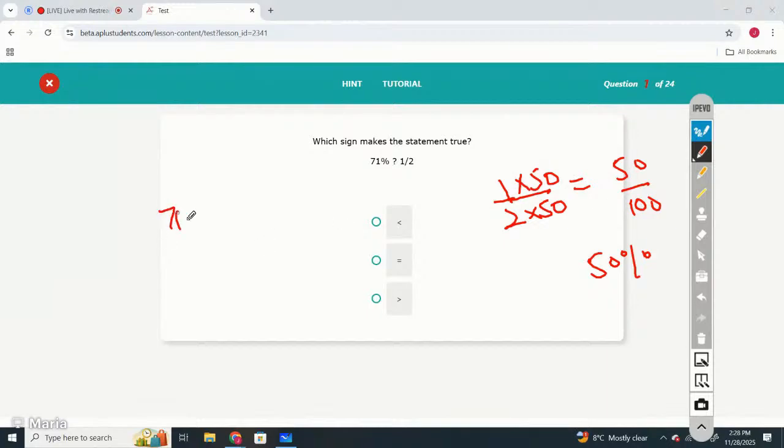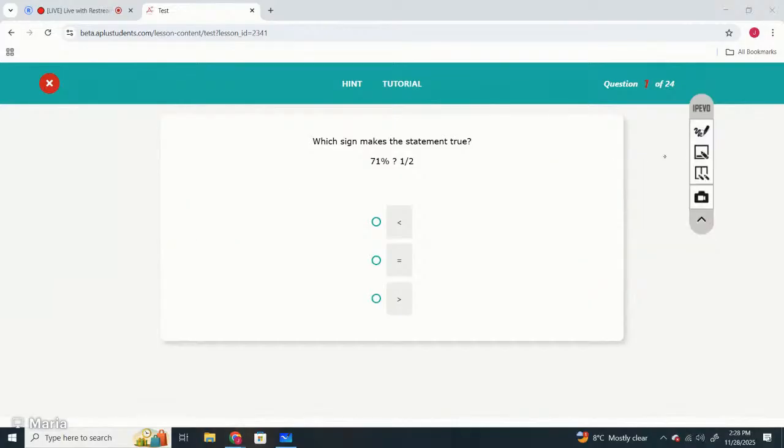So we have 71% and 50%. 71% is greater than 50%. So the correct option is greater.